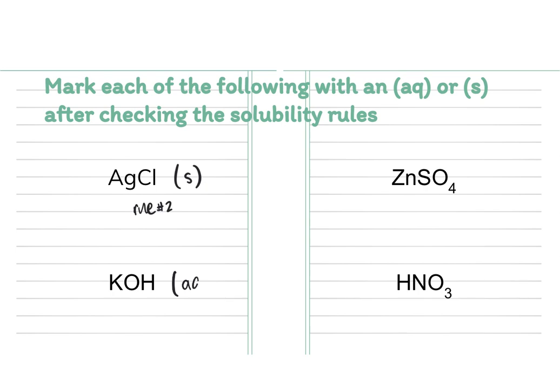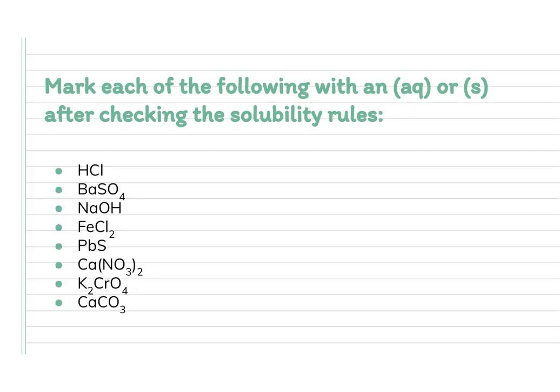This is aqueous. It's the exception. Typically, if we had a hydroxide, it would not be soluble. Our next one is zinc sulfate. Zinc is not one of those exceptions, so it's aqueous. So you pretty much just have to be able to read the rules and see what they produce.